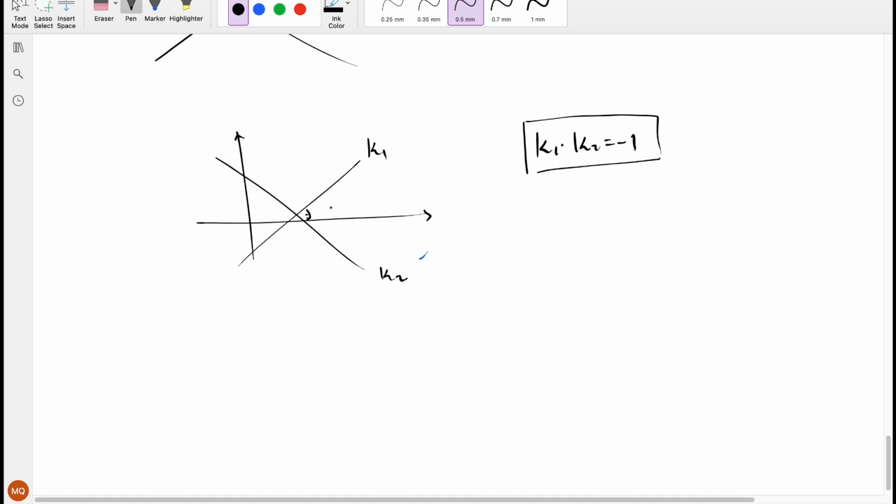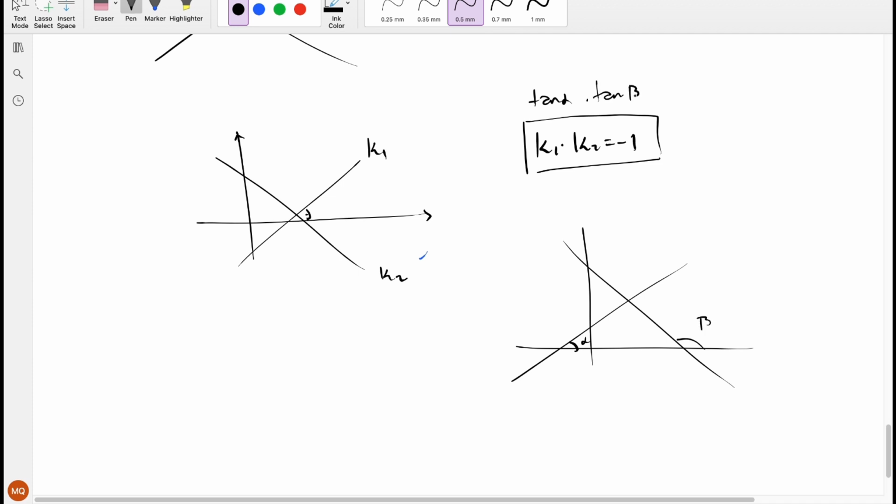formula using trigonometry. K1 is equal to tangent alpha, and this part is, let's say, beta. So we can prove it with this one. Here is 90 degrees. From here we can say that beta is equal to 90 plus alpha.